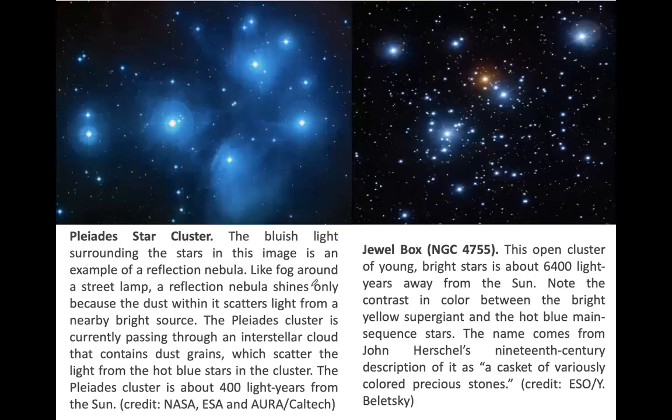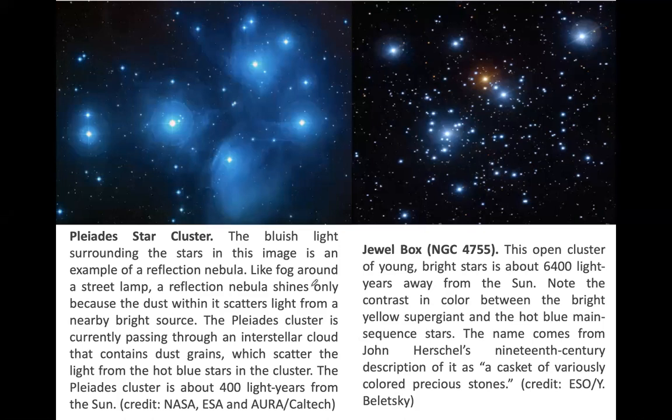Now, here are examples of two open clusters. The one on the left-hand side should be familiar to anyone who has even a little interest in astronomy. This is called the Pleiades star cluster, and in Sinhala I guess it is called Haddinatharu. It is also called the Seven Sisters, because when you look at this star cluster, you will see around 6 to 7 very bright stars.